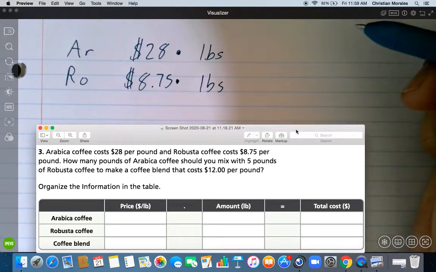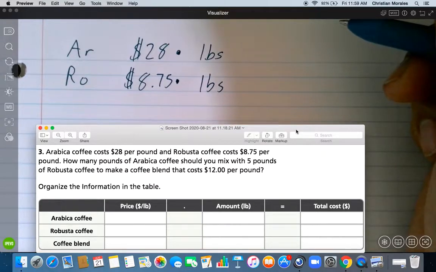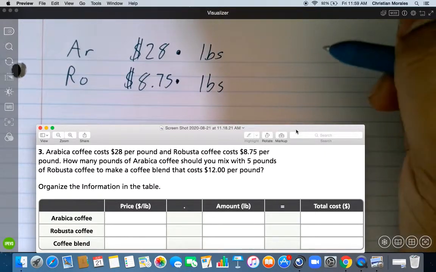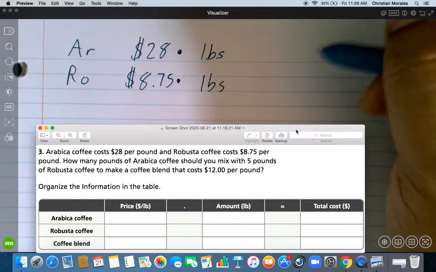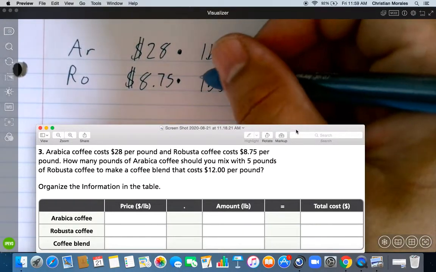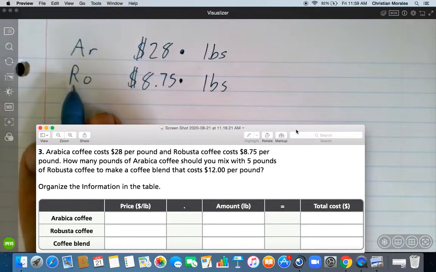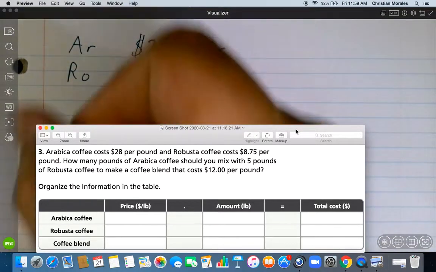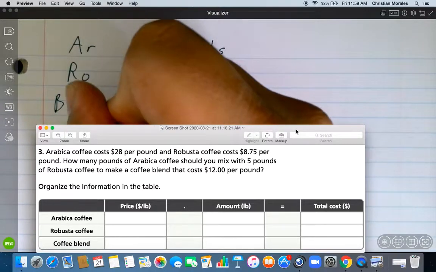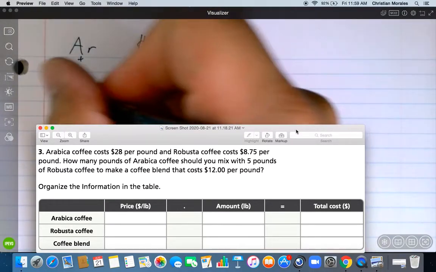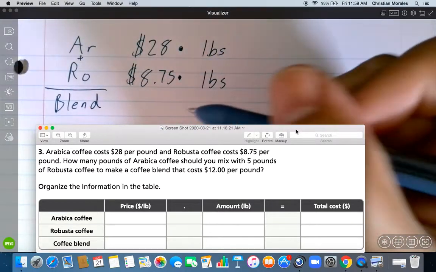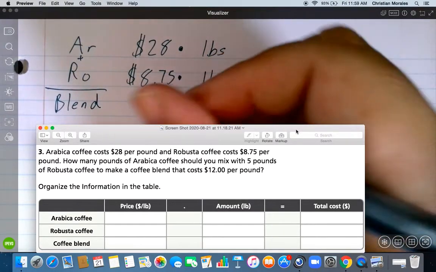Now, how many pounds of Arabica coffee would you mix with 5 pounds of Robusta coffee to make a blend? A blend is when you take 2 or more kinds of coffee beans and mix them together. You're adding these two up to make your blend. Now, the blend costs $12.